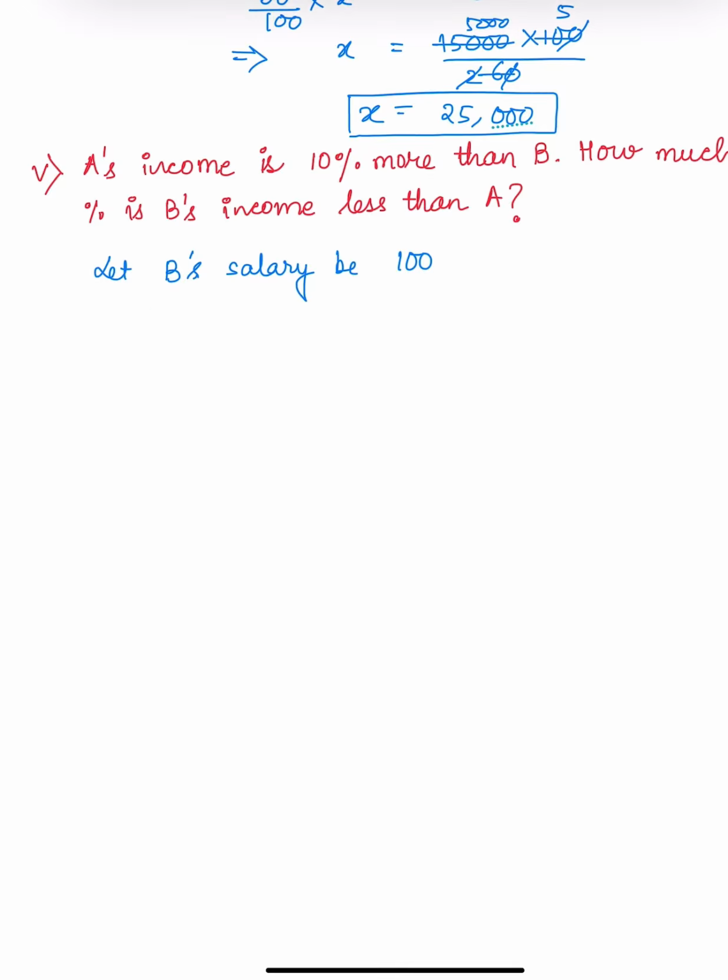Now A's income is 10% more than B. So A's income will be how much? It will be 100 plus 10% of 100. It will be 100 plus 10. So it is 110. So we know that B's is 100 and A's is 110.